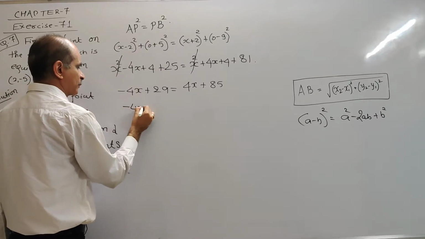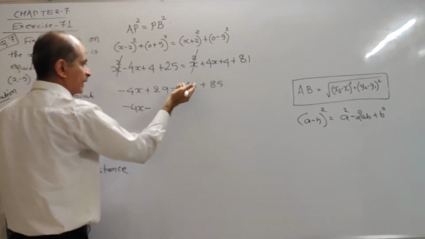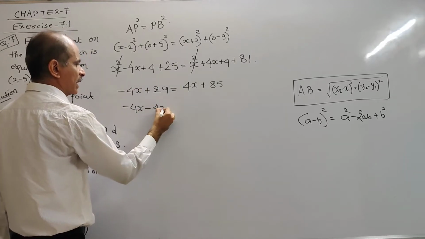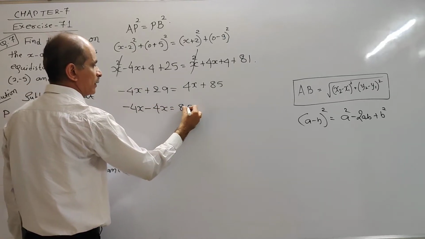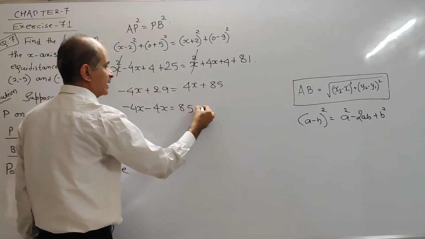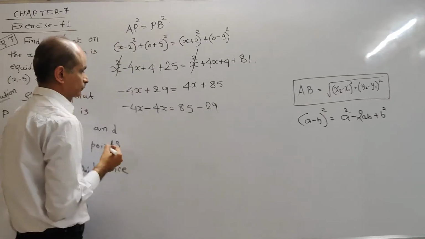So when you transpose 4x from the right hand side to the left hand side, it becomes minus 4x, and when you transpose 29 from the left hand side to the right hand side, it becomes minus 29.